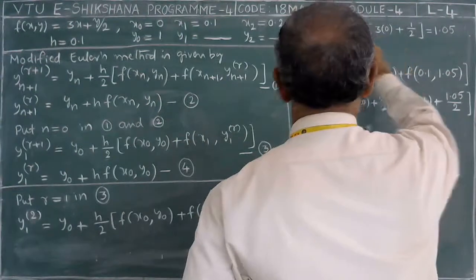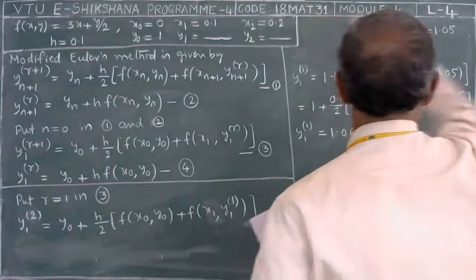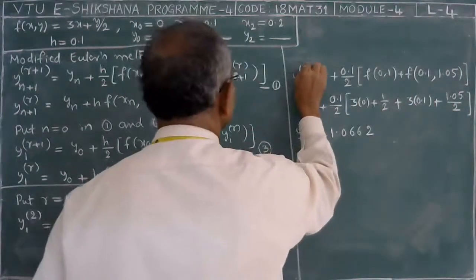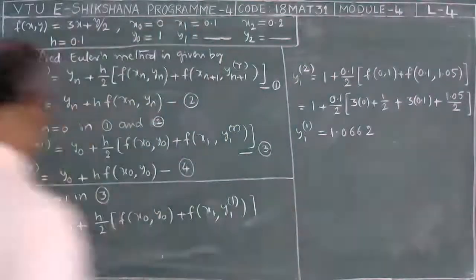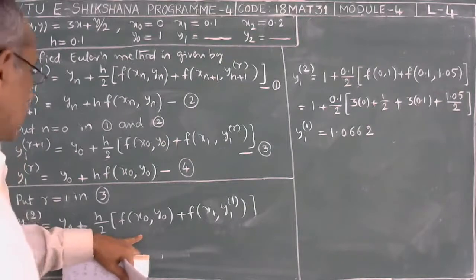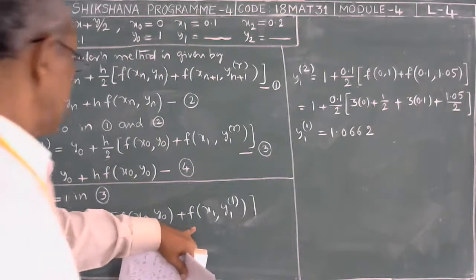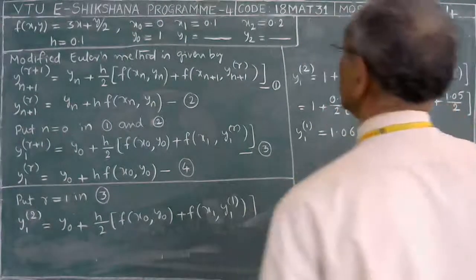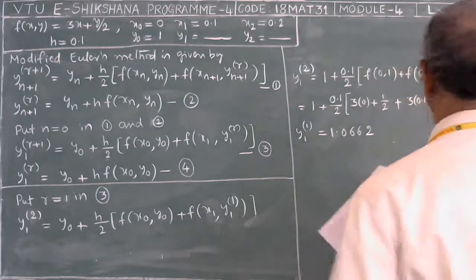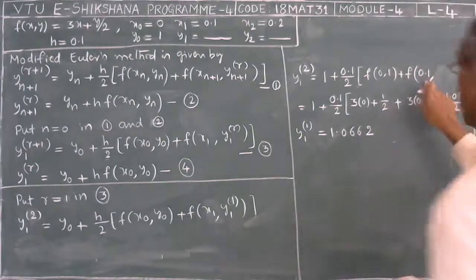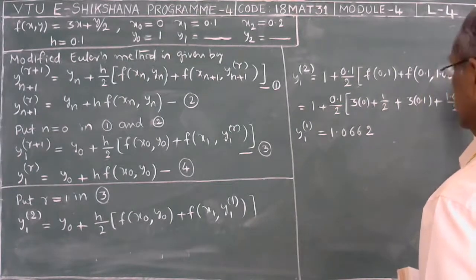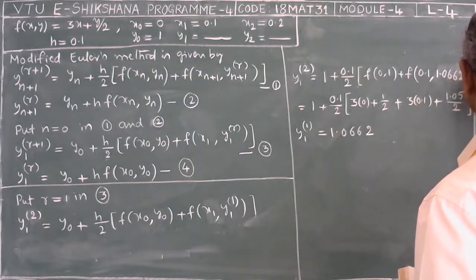So I think I can start from that. y12, y0 is 1, 0.1 by 2, f of x0, y0, that is 0, 1, plus f of x1, y1, that is 0.1 comma 1.0662.